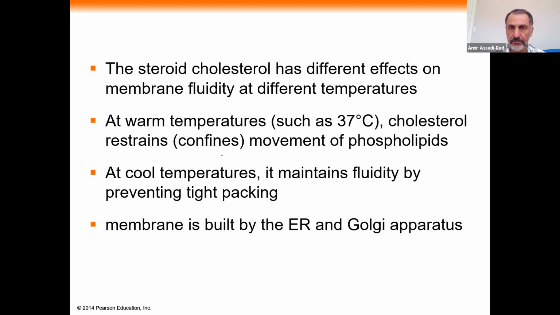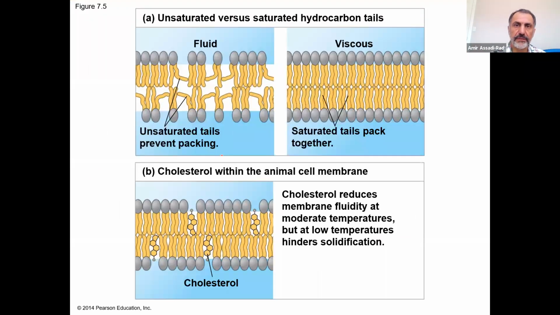It anchors them down. At cool temperature, it maintains fluidity by preventing tight packing of the phospholipids. And membrane is built by the endoplasmic reticulum and Golgi apparatus, which I talked about in the last chapter a little bit. Here they are.